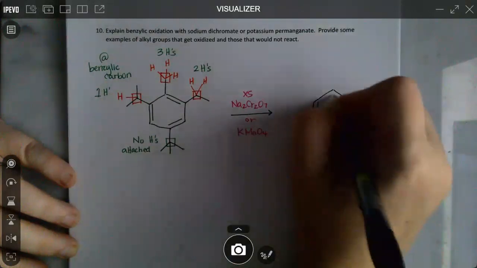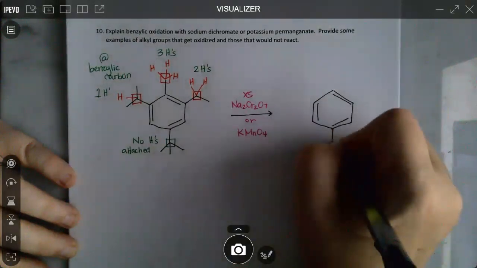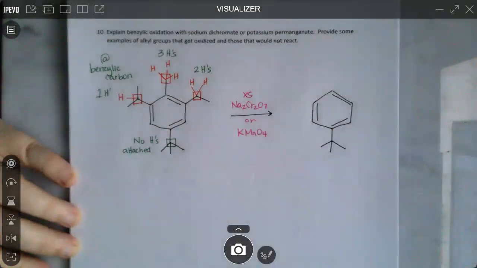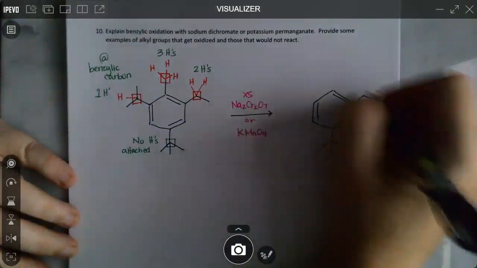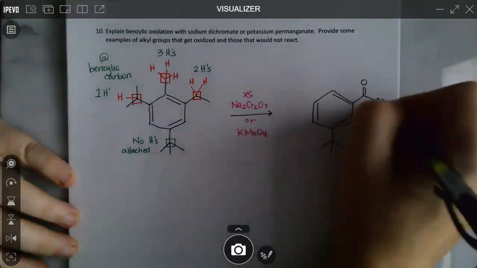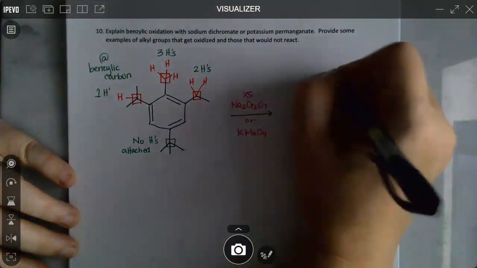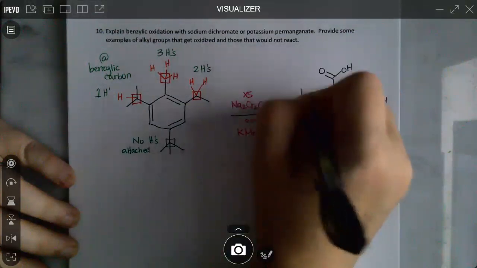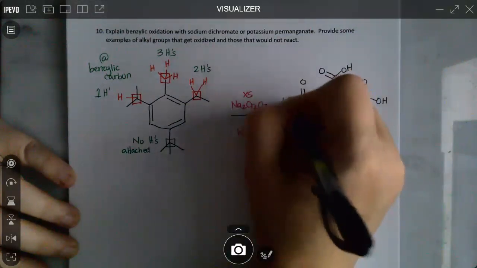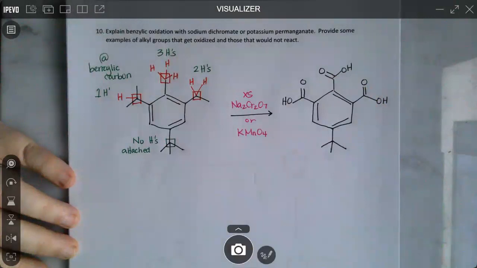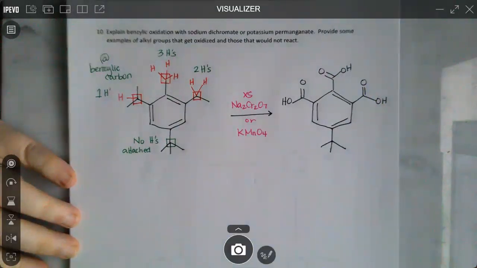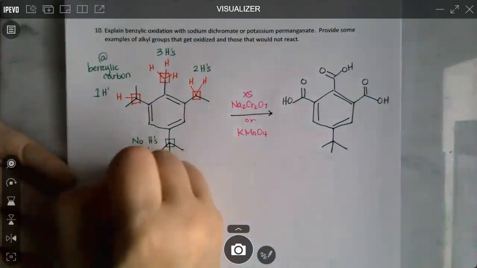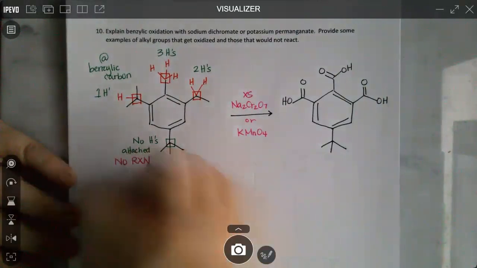So that tert-butyl group down here will remain a tert-butyl group. And then we can draw a carboxylic acid at each of these other benzylic carbons. Okay, so I'll make sure to write no reaction here.